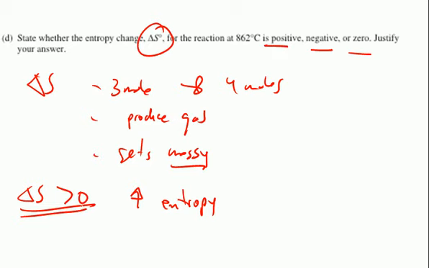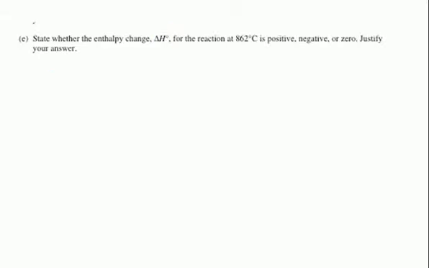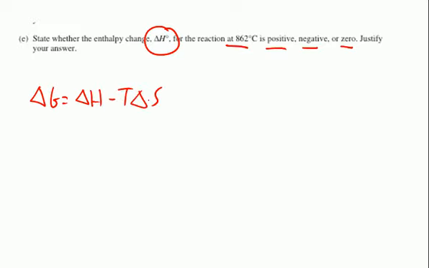It looks like they're walking us into one of those equations I hate. So far we've had delta G is positive, and delta S is positive. Let's see what's coming next. State whether the delta H for the reaction at 862 is positive, negative, or 0. The only thing we can do is relate the variables we've already solved for. We know delta G was positive, we don't know delta H, and we know delta S was positive.